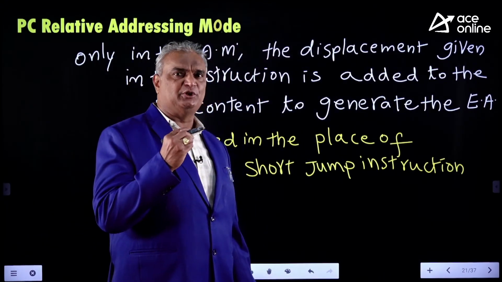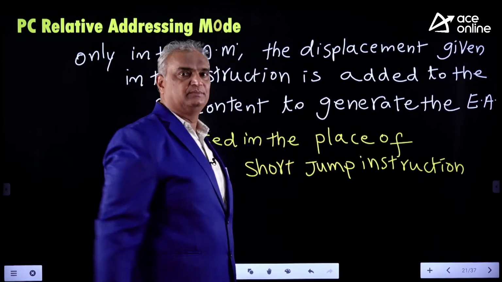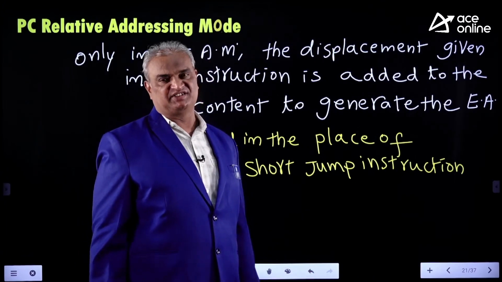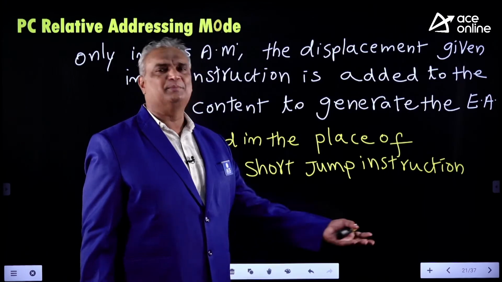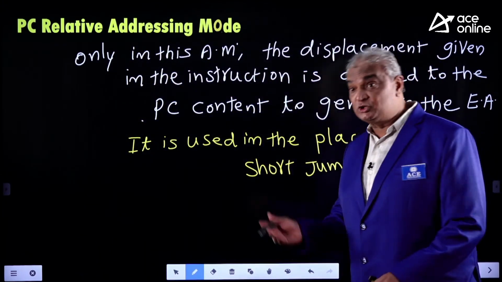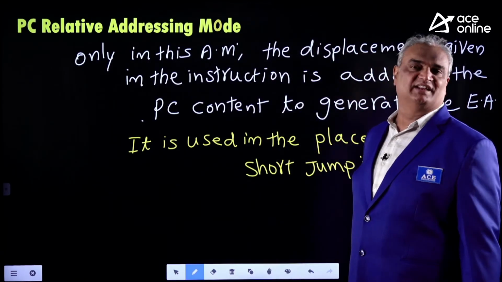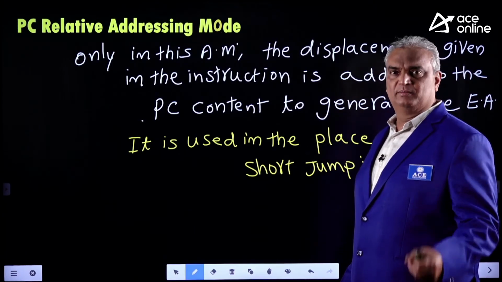When program execution sequence goes forward after executing a branch instruction, then it is known as a forward branch instruction, simply a forward jump instruction. When program execution sequence goes backward, means to earlier instructions, then it is nothing but a backward jump instruction.